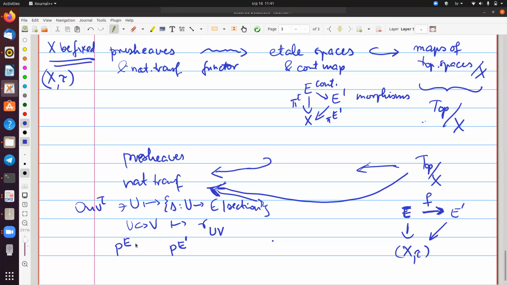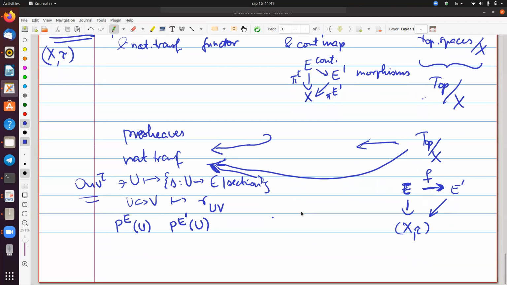So what are sections here? These U's are in the same topology downstairs. This came from a section S from U to E, and here are sections from U to E prime.